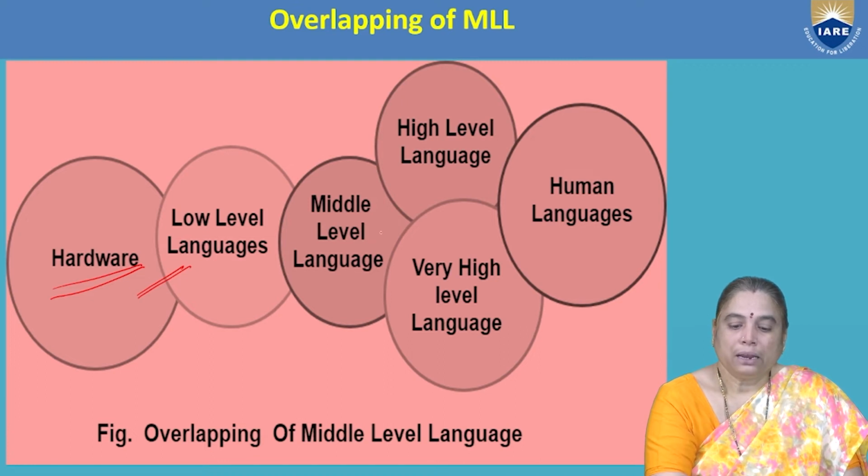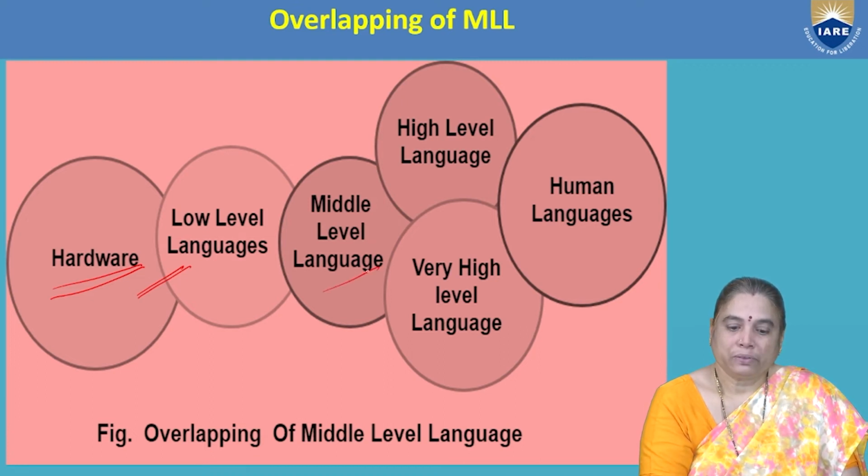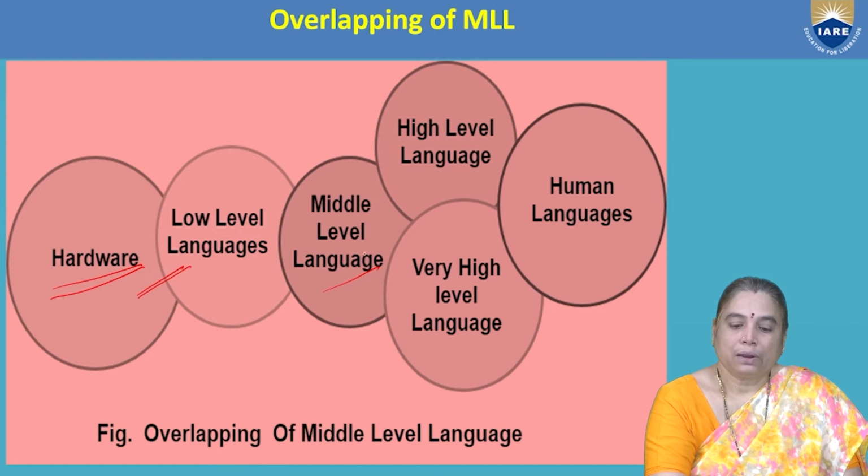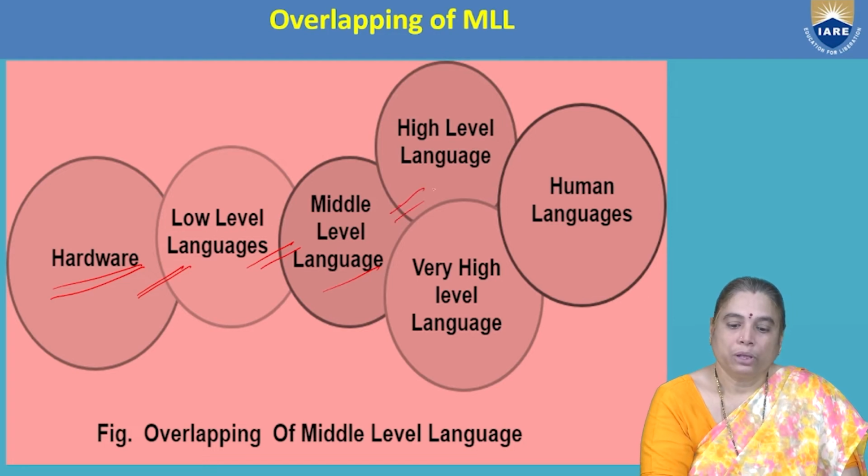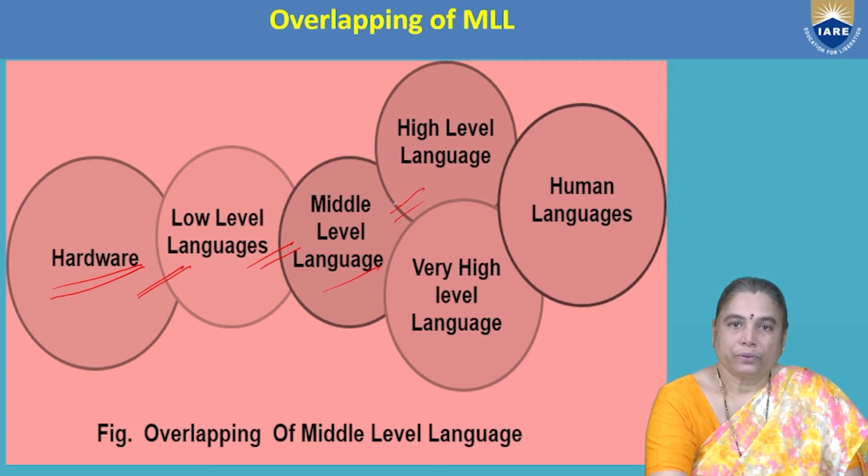After that, middle level languages come into the picture. By using middle level languages, you can write low level language code as well as high level language code. Both features are supported by the middle level language. So the second language that is close to the hardware is the middle level language.